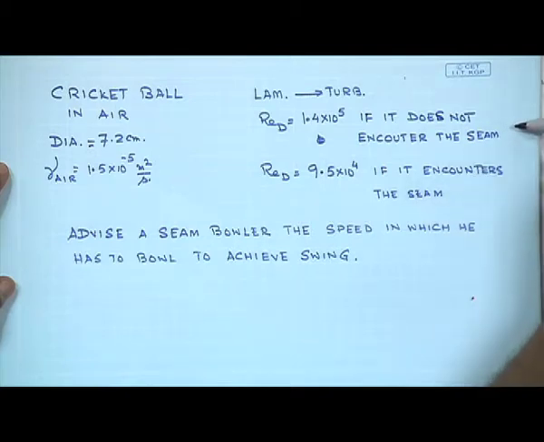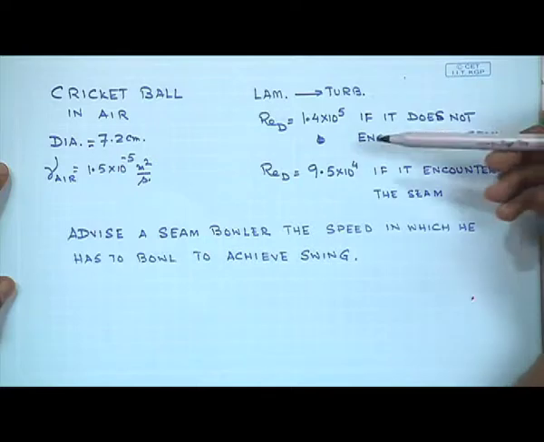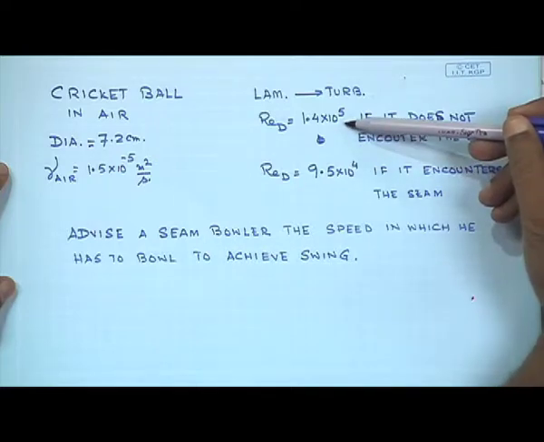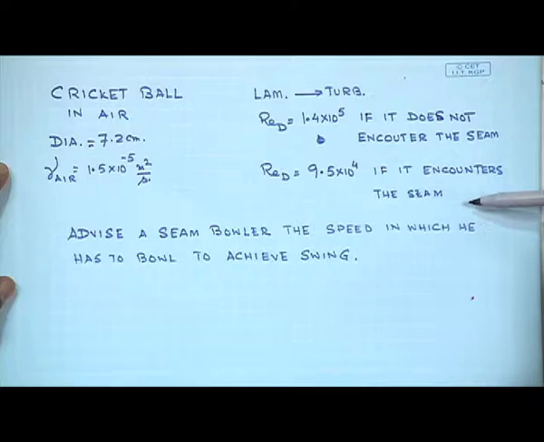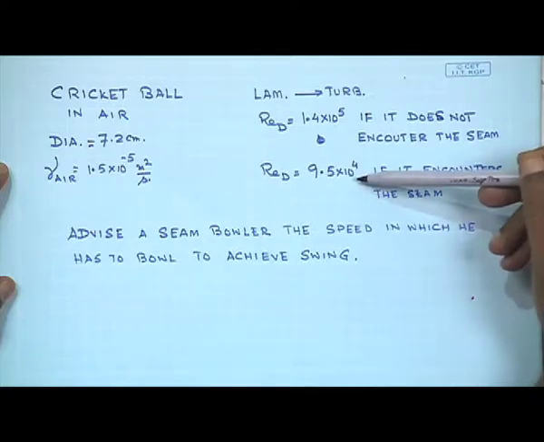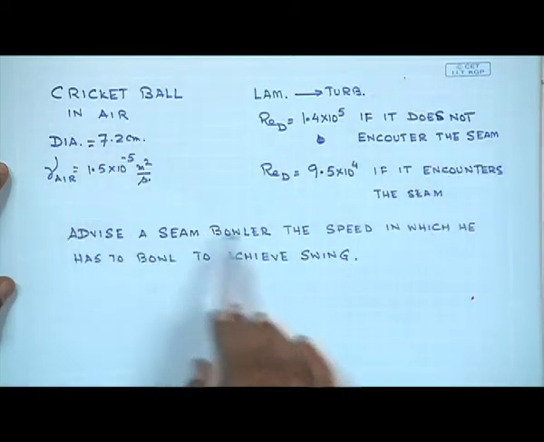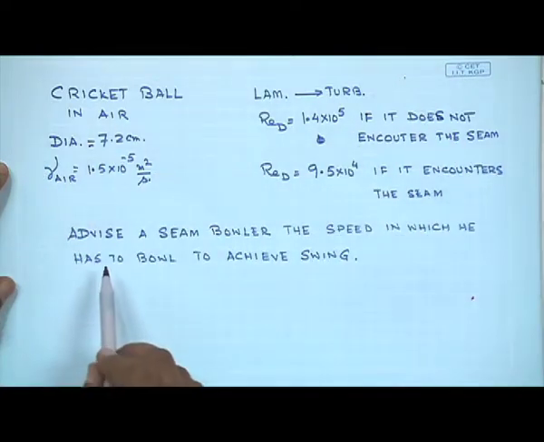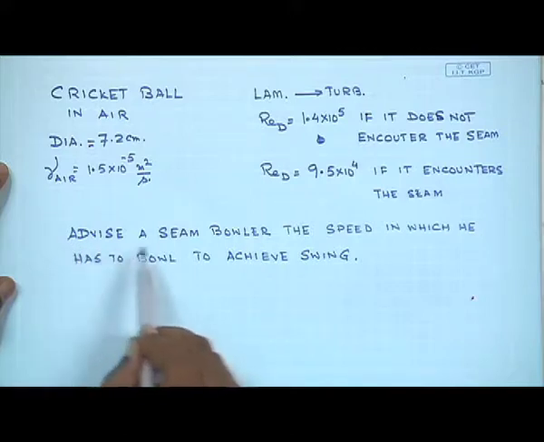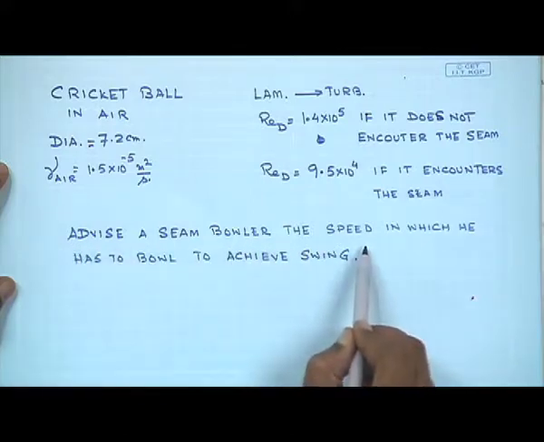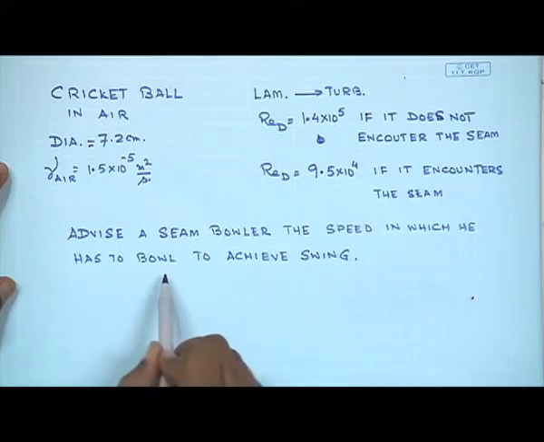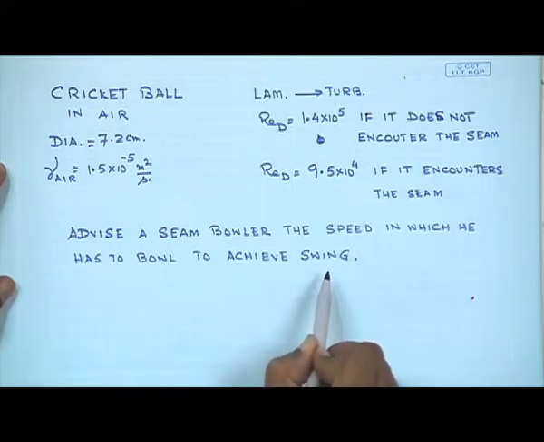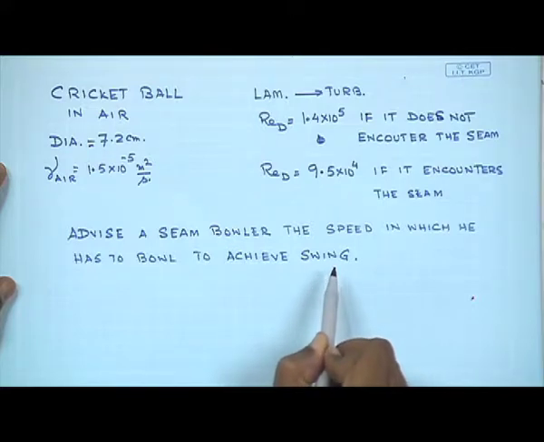So, if the air over the ball encounters the seam, the transition takes place at this value of Reynolds number. If it does not encounter the seam, this is the Reynolds number at which the transition would take place. That is all the information which you have, and based on this you have to advise a seam bowler the speed at which he has to bowl to achieve swing, that means movement of the ball while it is in air.